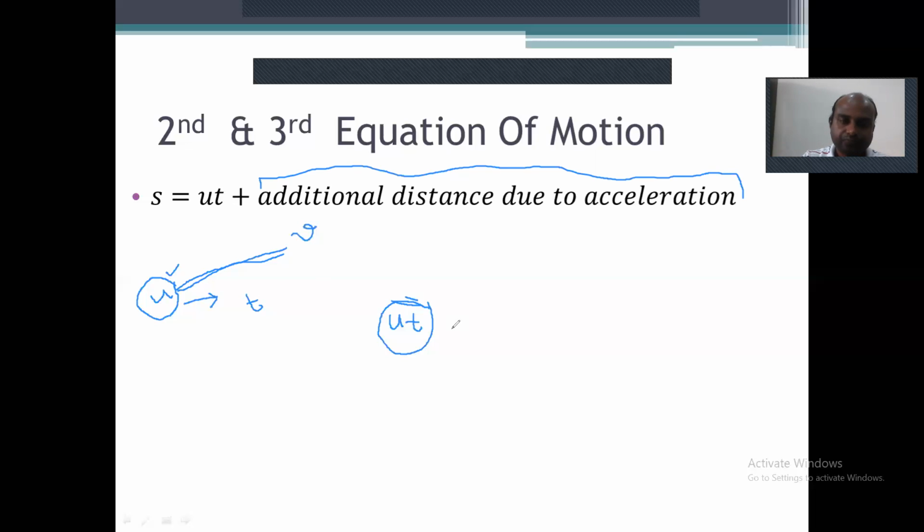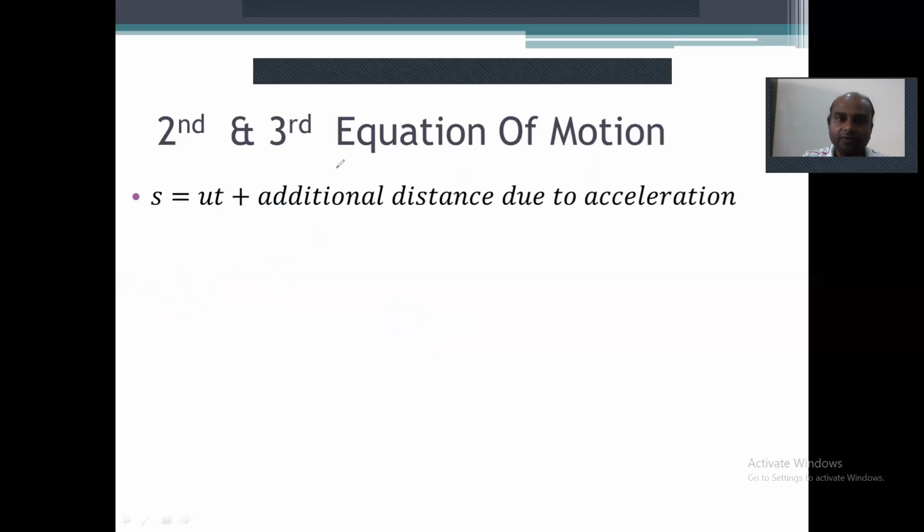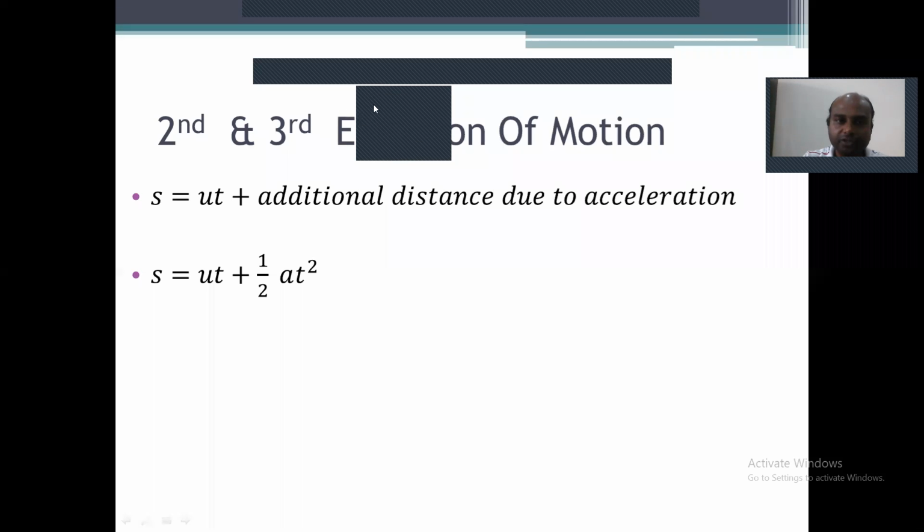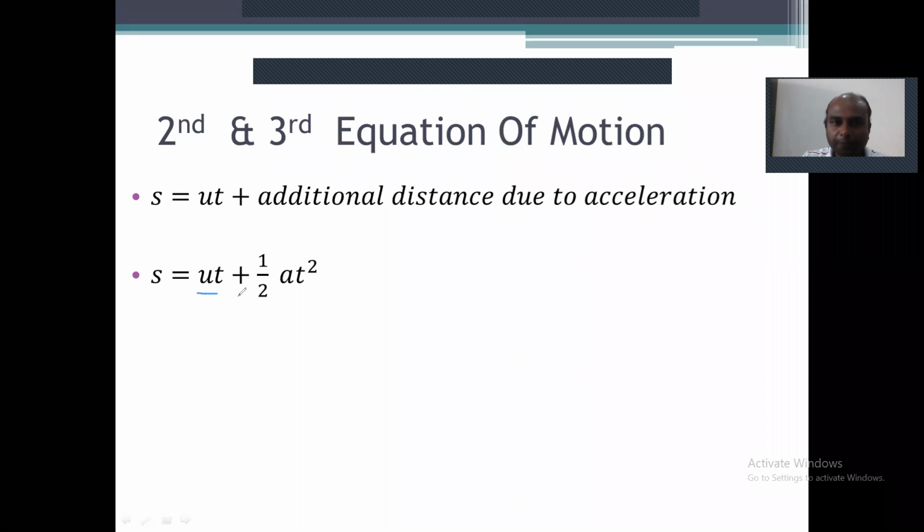So the distance covered is nothing but ut plus some additional distance due to acceleration. Now, when you examine the second equation of motion, the distance is ut plus half of at squared. Now, what exactly is this half of at squared? This half of at squared is nothing but the additional distance due to acceleration.